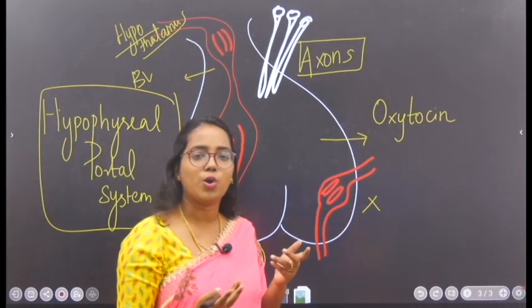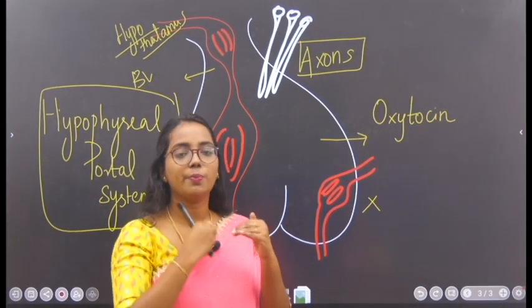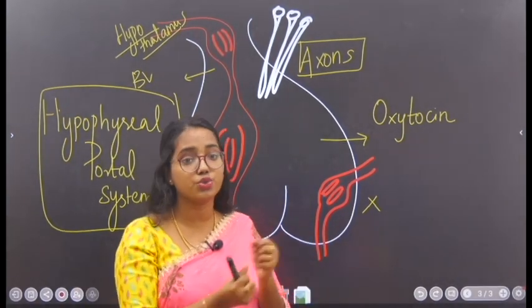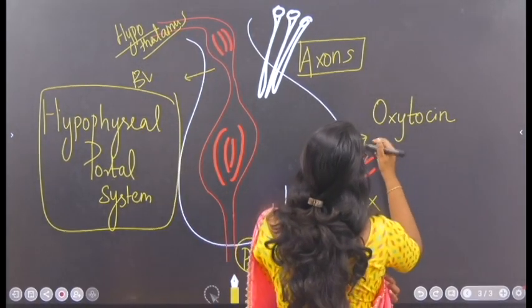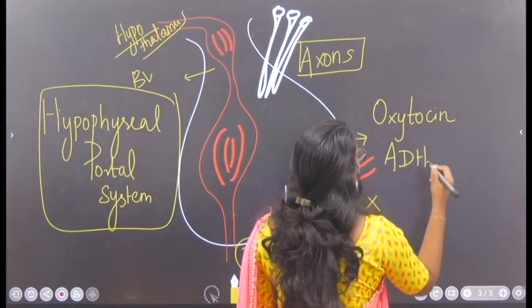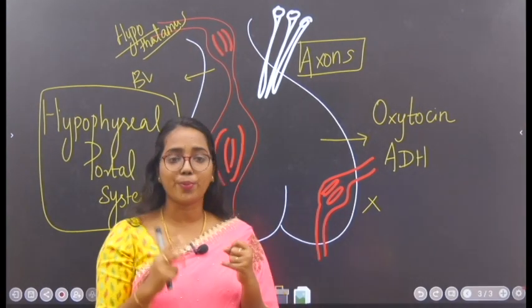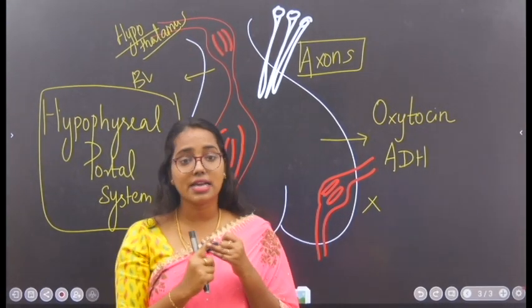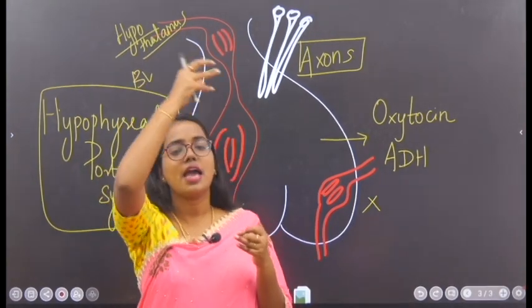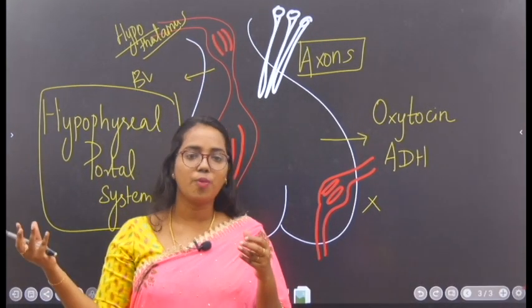It is the love hormone, the bonding between mother and child. The love bonding is due to a hormone called oxytocin, and another hormone is antidiuretic hormone. These two hormones are synthesized in the hypothalamus and stored and released from the posterior lobe of the pituitary.